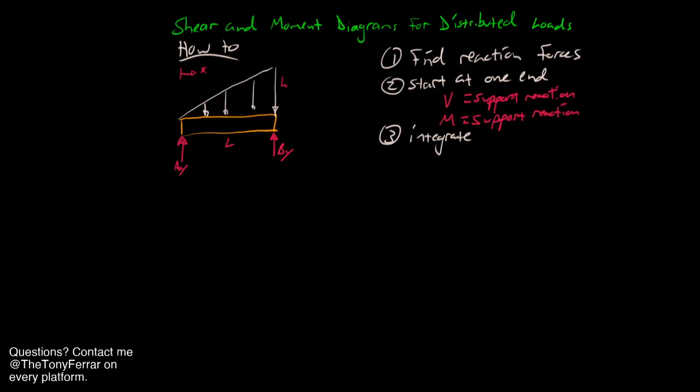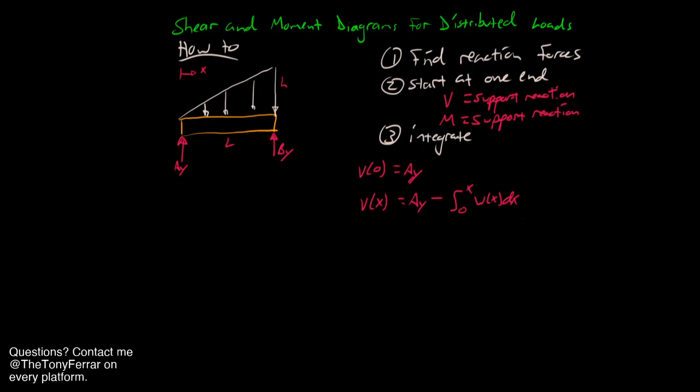What we do is we start with v of x equals 0, again x measured from the left, and we know it's equal to Ay. From there, we can integrate. So v of x is going to be Ay, and then we have the delta, right? So we just subtract the integral from 0 to x of w of x dx, and we're off to the races.